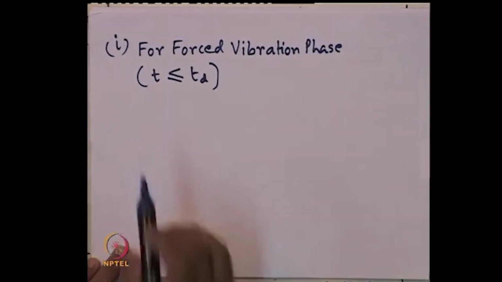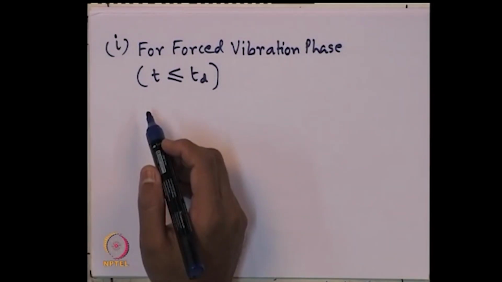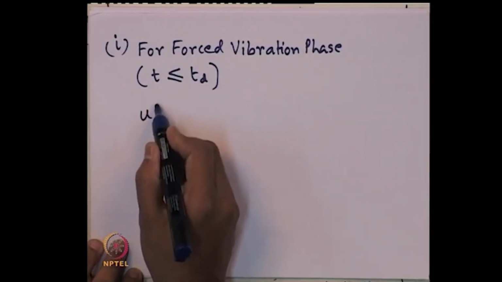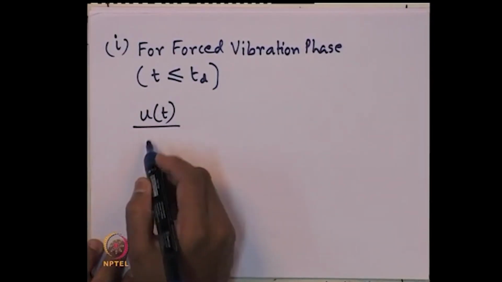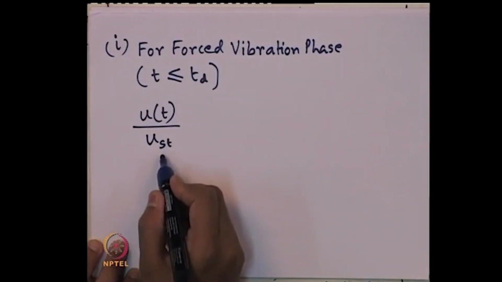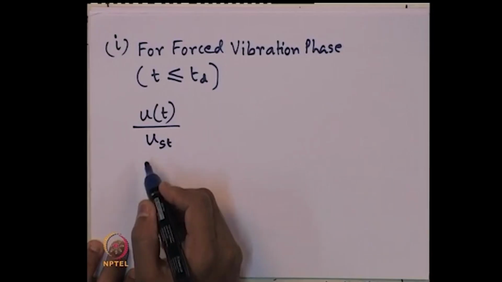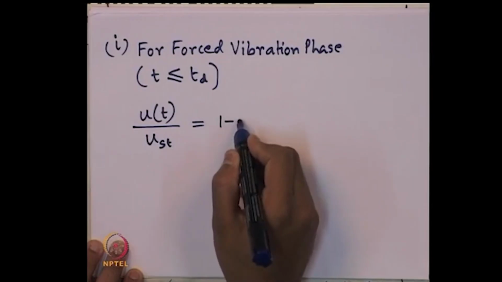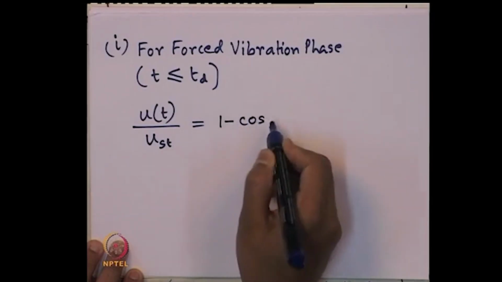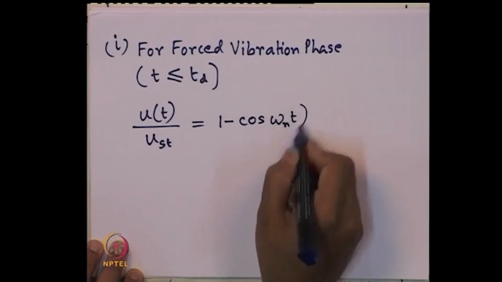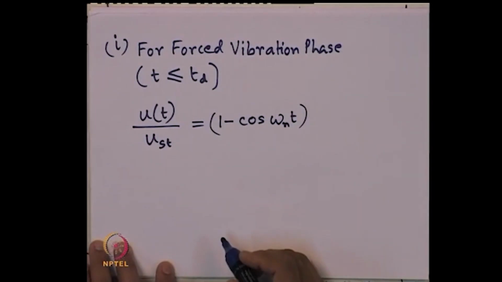If we refer to our former course on soil dynamics, we will see that u(t), with u_st being the static value of the displacement, can be expressed as u_st times 1 minus cosine omega_n t, for a constant force like P_0 acting on the system.